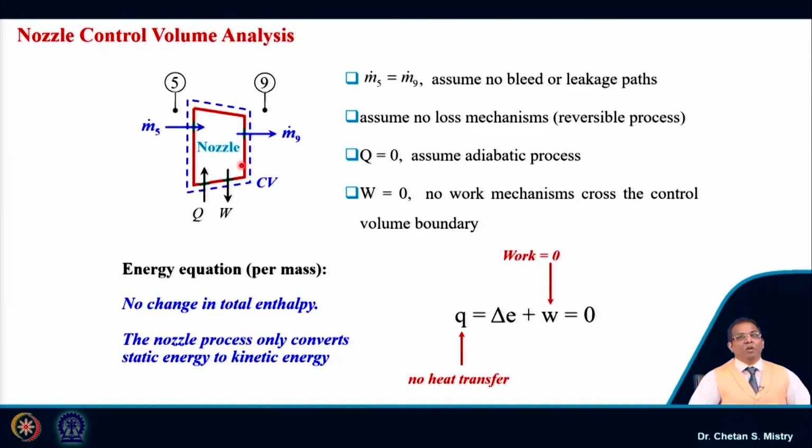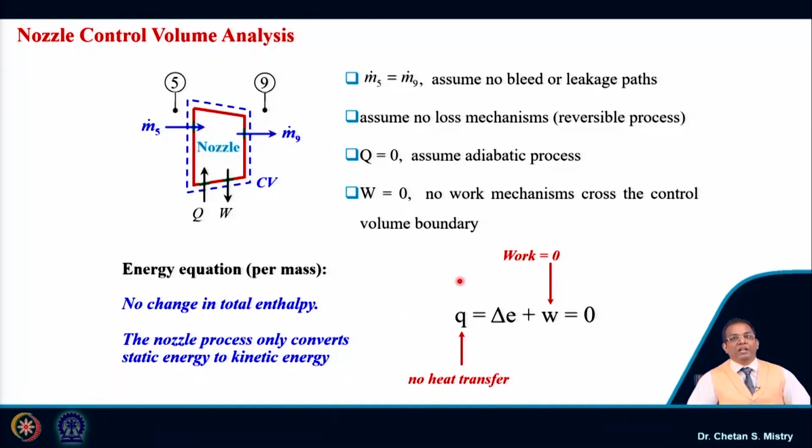Now, let us try to analyze this using our control volume approach. In this case, my entry condition is represented by state 5, and my exit condition I am putting as 9. Here there is no loss mechanism, no heat exchange, and no work crossing this control volume. So my W and my Q are both 0.